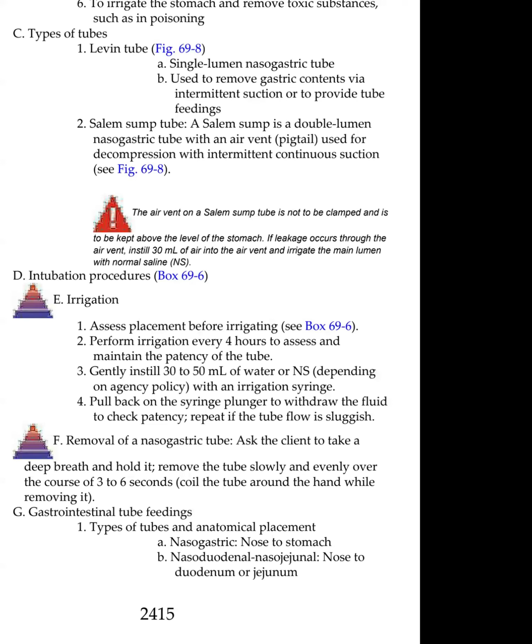Now, gastrointestinal tube feeding: types of tube and anatomical placement.